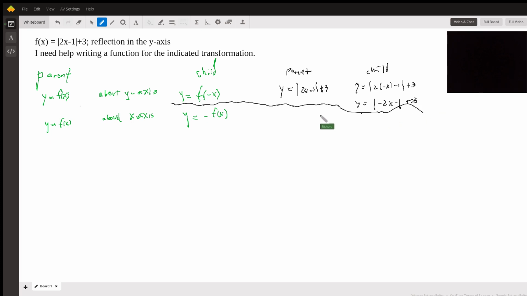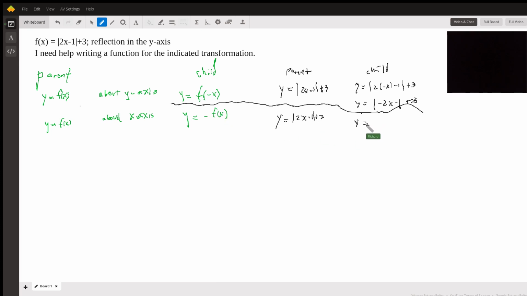And if we wanted to reflect this over the x-axis, here's our parent, absolute value of 2x minus 1, plus 3. The child would be, you're just going to stick a negative in front of the entire expression here.